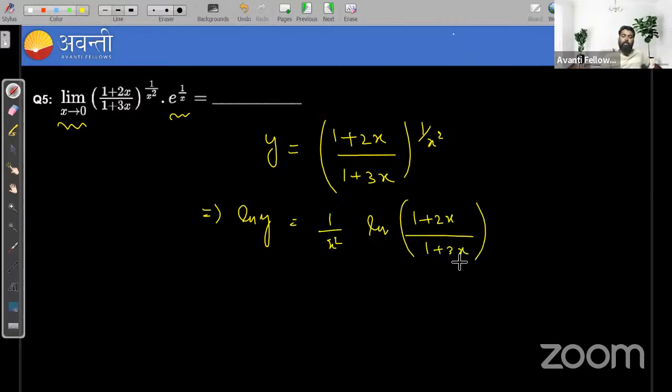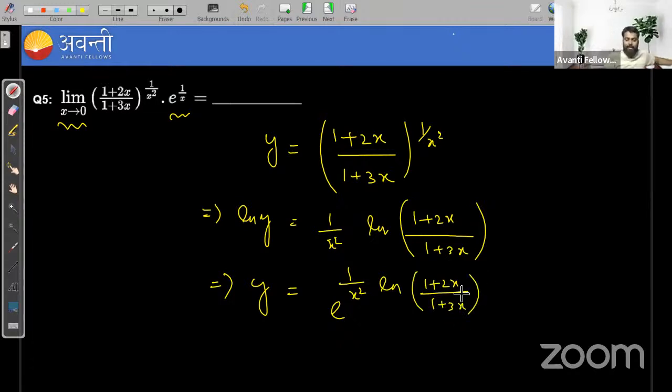Is it or not? Okay. So then y can be written as e to the power 1 upon x square ln of 1 plus 2x upon 1 plus 3x. Is it or not? Yes, we can write this.